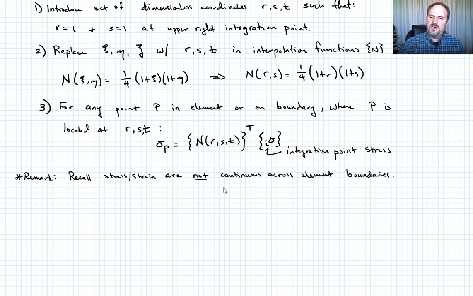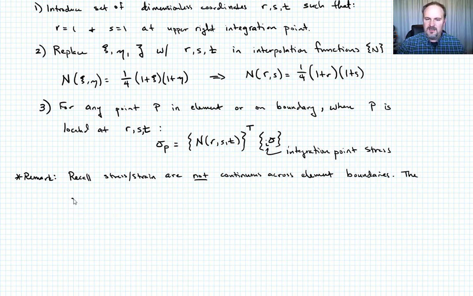Okay, so as a result, sometimes the difference in the extrapolated values, so let's suppose that you had 3 elements sharing the same node, and you extrapolated the stress from each element back to the same node, and they were 3 different numbers, right? The closeness of those numbers together gives you some measure of the error of your finite element approximation, okay?